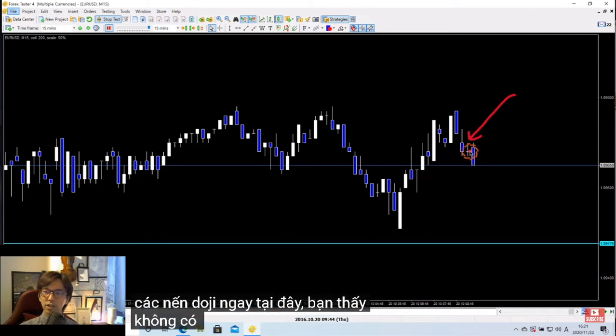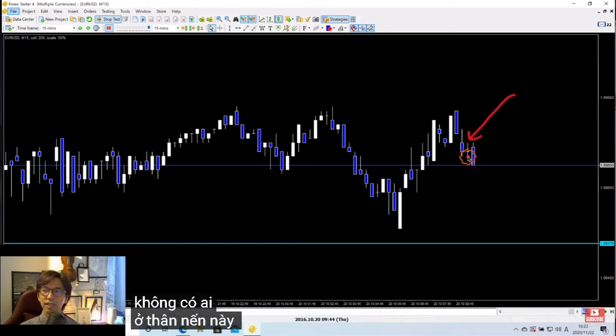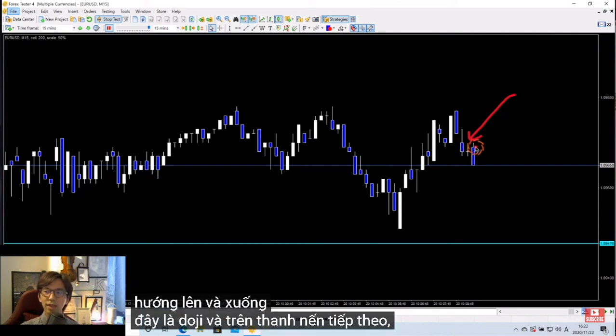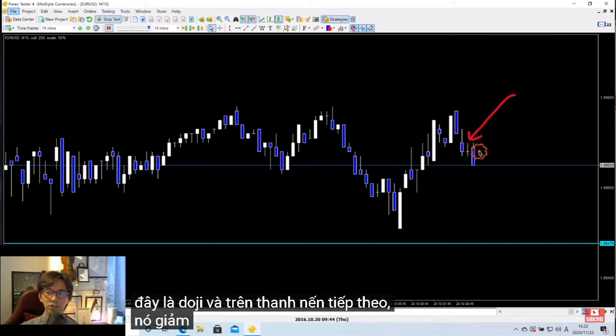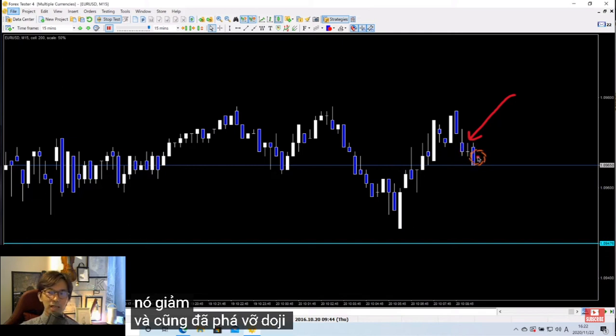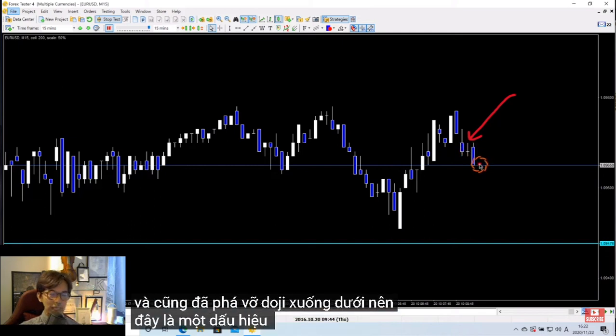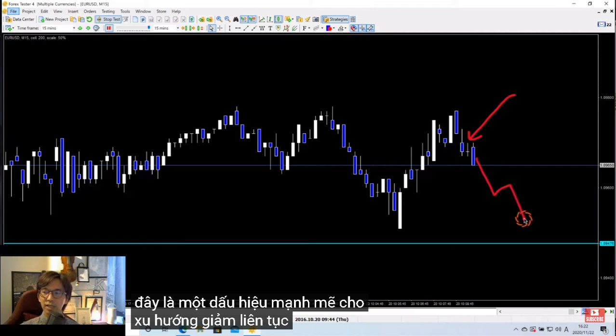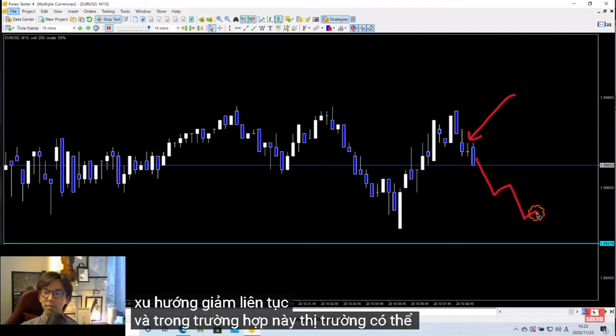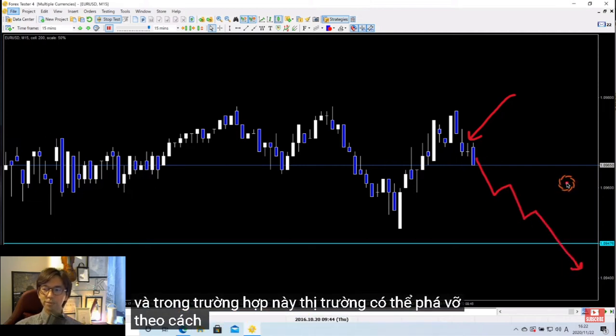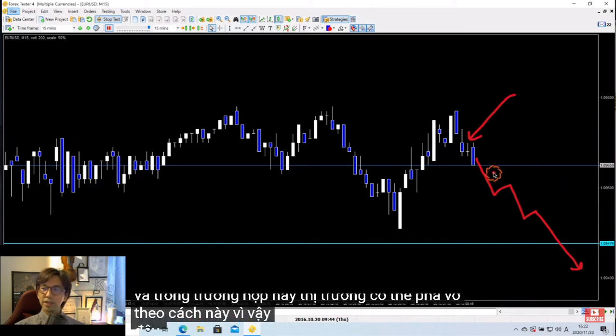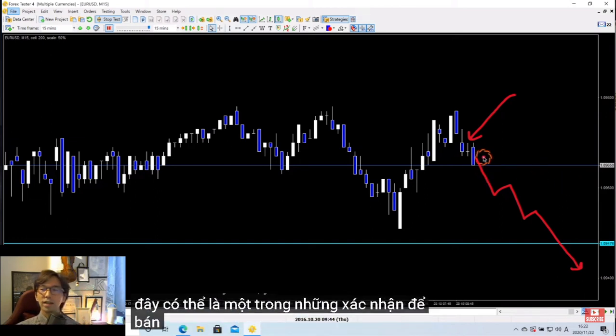You see there's no body to this candlestick and the wicks pointing up and downwards. This is a doji, and on the next candlestick it was bearish and also it broke the doji downwards. So this is a strong indication for the continuous downtrend, and in this case the market might break downwards this way. So this can be one of the confirmations to sell.